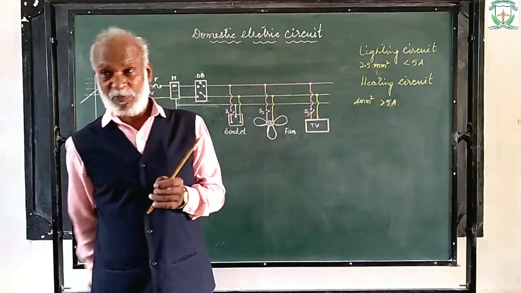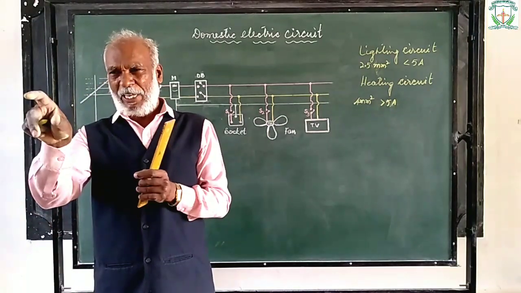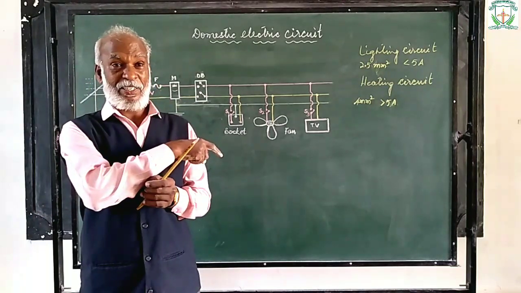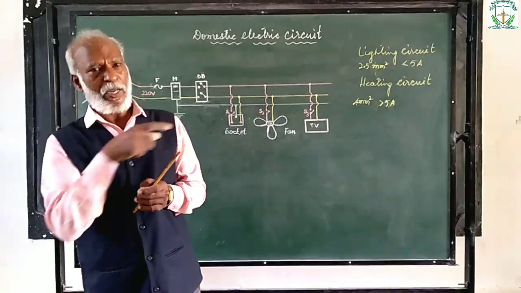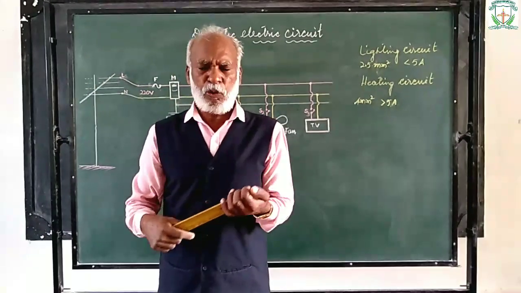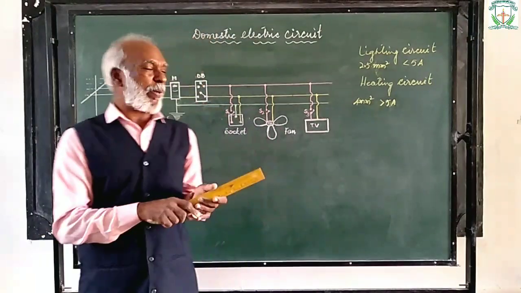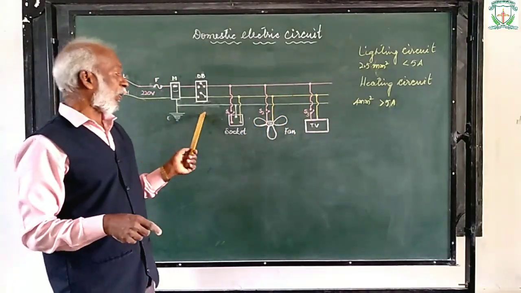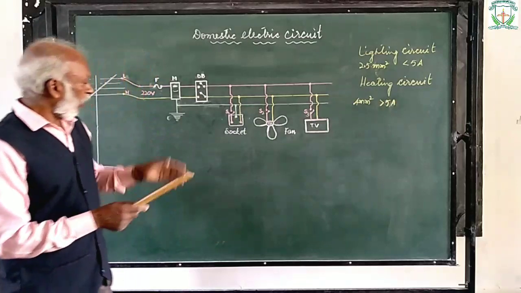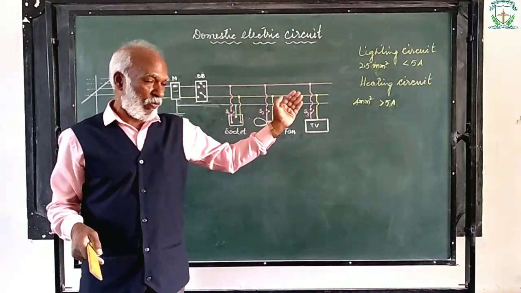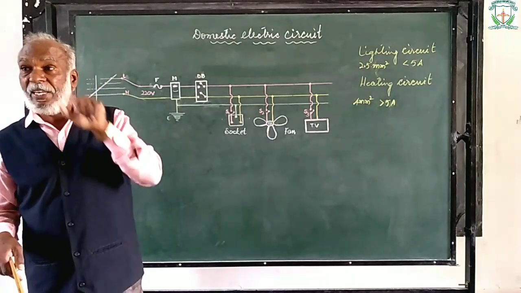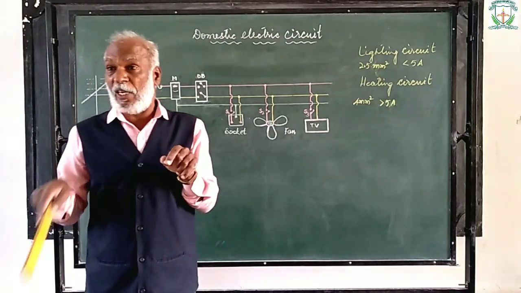A 3-pin plug means the machine is connected to the earth through the ground wire, and such machines usually draw more than 5 amperes of current from the AC mains. So the ground wire is provided for the easy passage of leakage current to the ground.